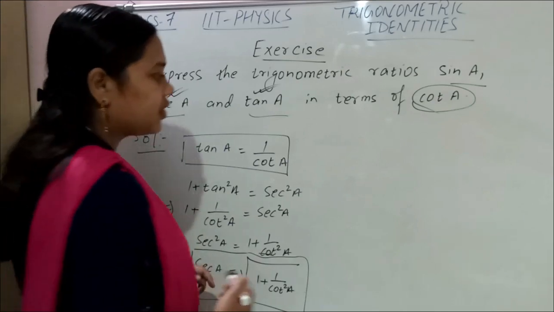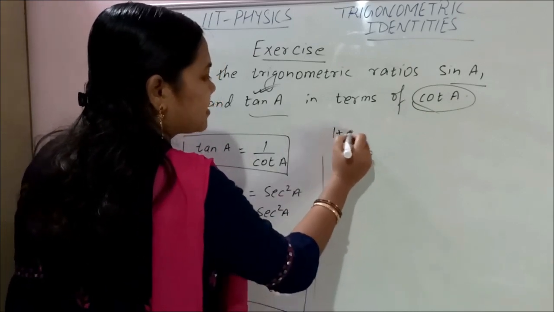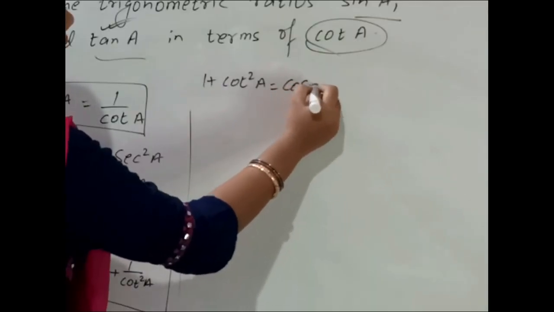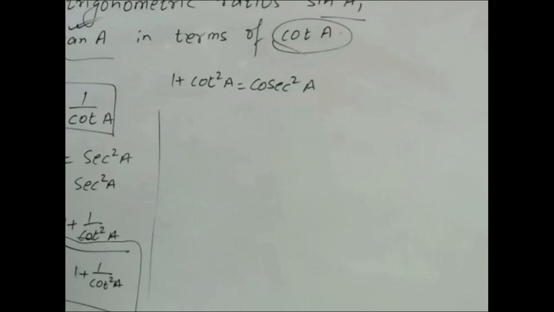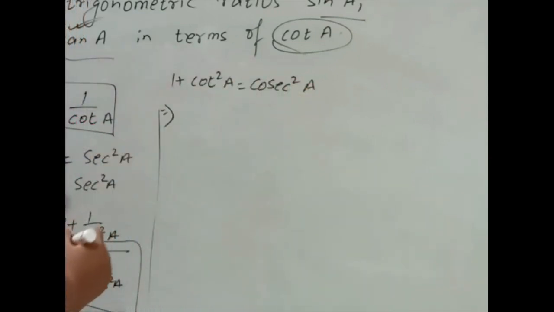Next we will see. We know that 1 plus cot square A equal to cosec square A. This identity also we studied in the last class. Then if this square we will remove, we have to give square root.